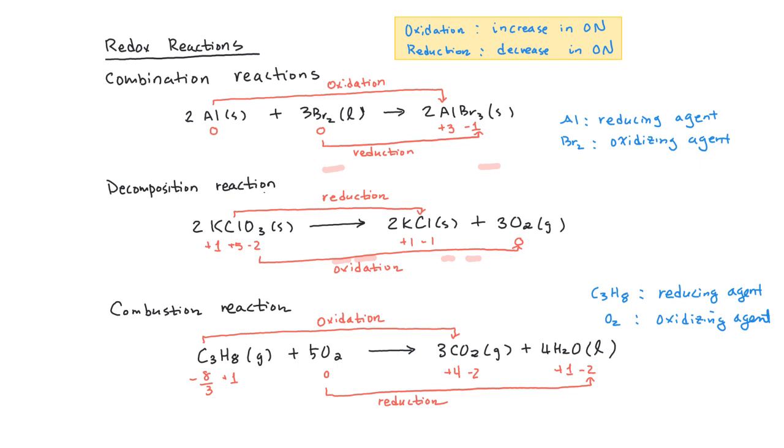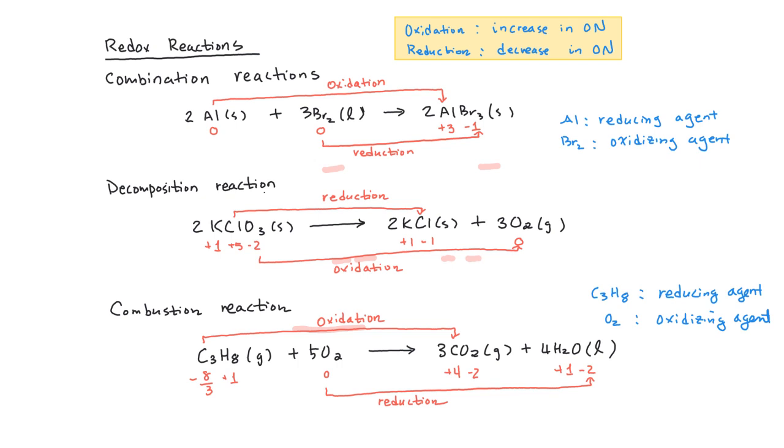So when you take a look at C3H8, the oxidation number of hydrogen is +1. After that, using rule number 3, you will be able to determine the oxidation number of carbon is -8/3. So this is a fraction.